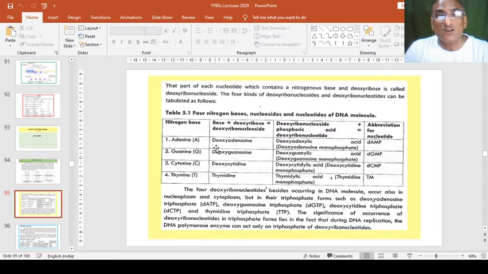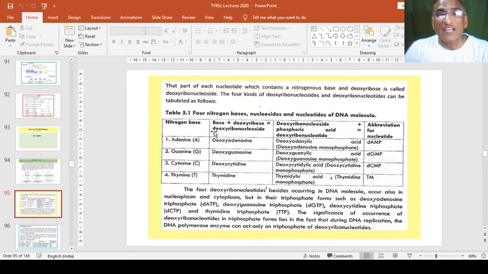So this is deoxyadenosine, and then deoxyadenylic acid. Why is the name adenylic acid? Because it has deoxyadenosine monophosphate. So to the deoxyribonucleoside, phosphoric acid is attached, and in this way the deoxyribonucleotides are formed.